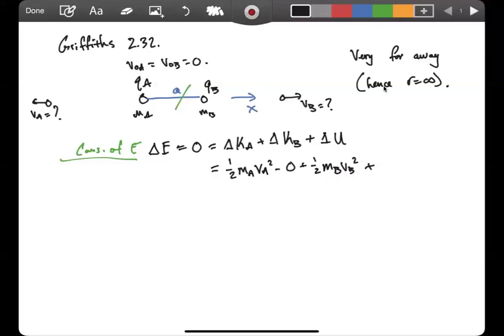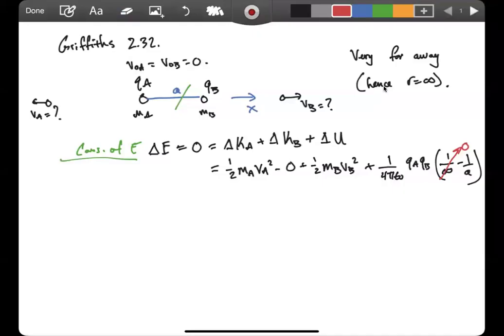In this case, we know our potential energy is going to be 1 over 4 pi epsilon naught times the charges, QA times QB, times 1 over the final position, which as we know now is infinity, minus 1 over the initial distance between the two, which is simply A. And of course, 1 over infinity is simply 0, so I can drop this term. Great.